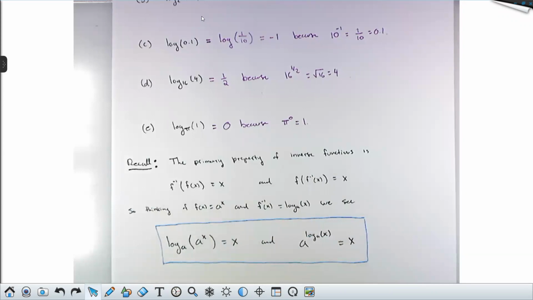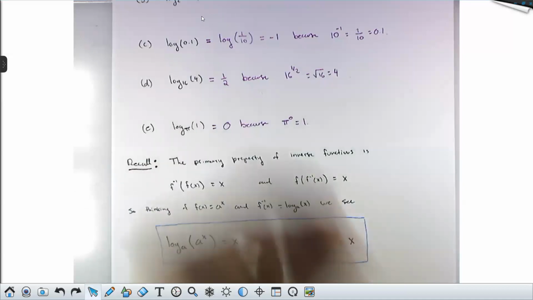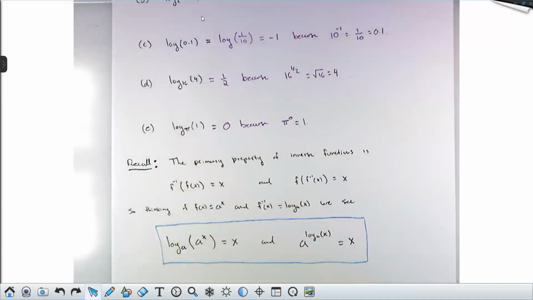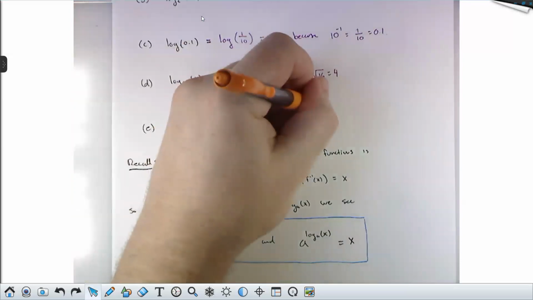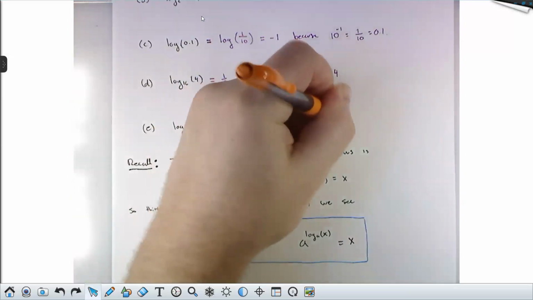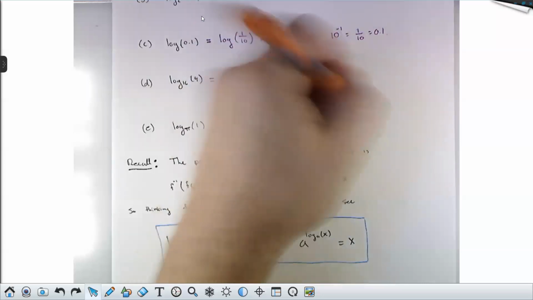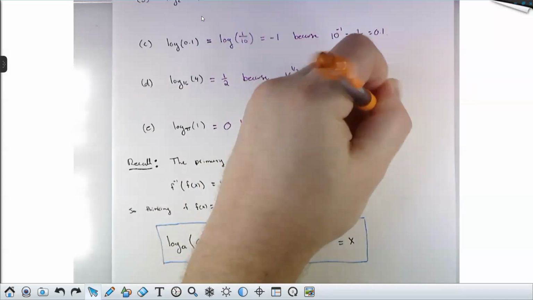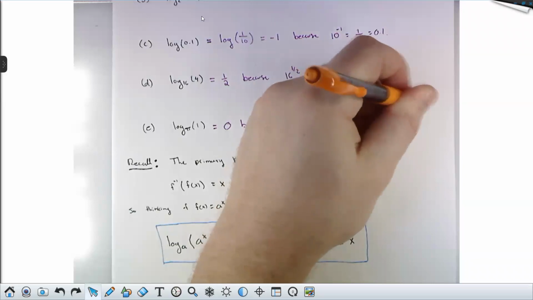As a consequence of these, we can say, actually, let me put it down here. Actually, no, we already said it. So I'll put this over here. Log base a of 1 equals 0 for all a.